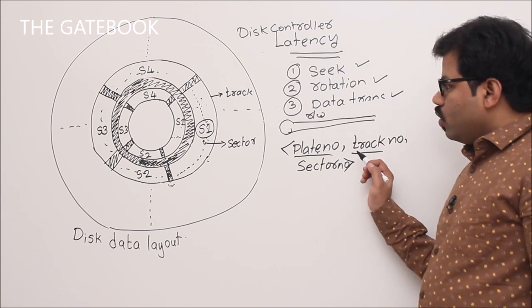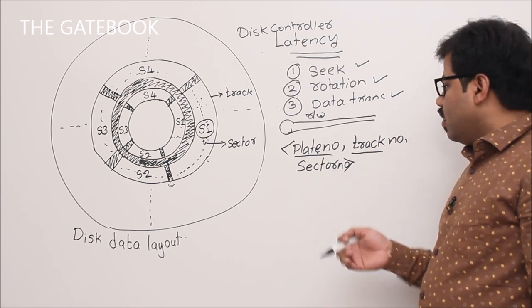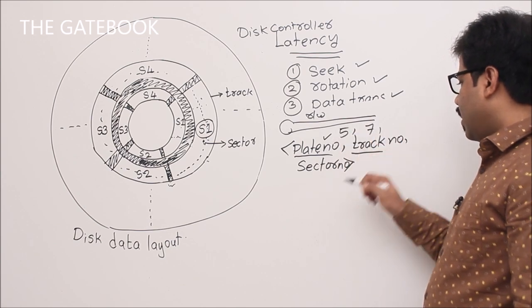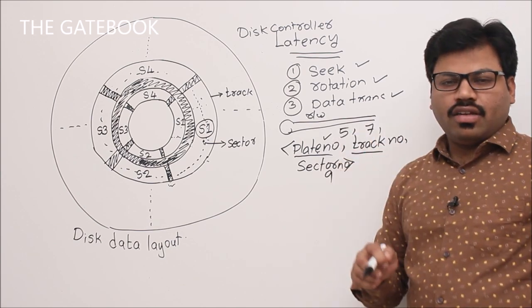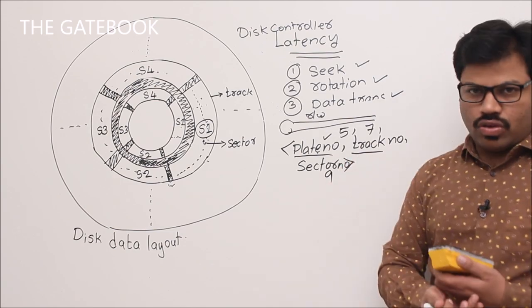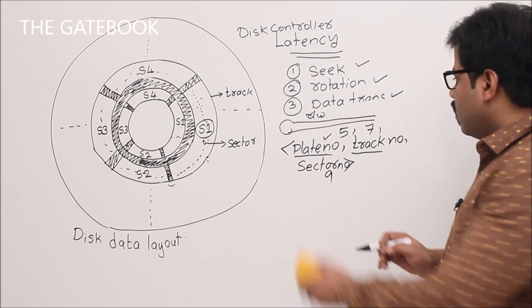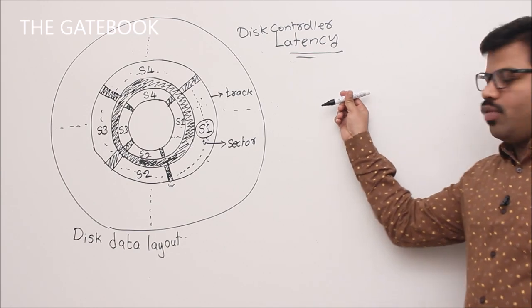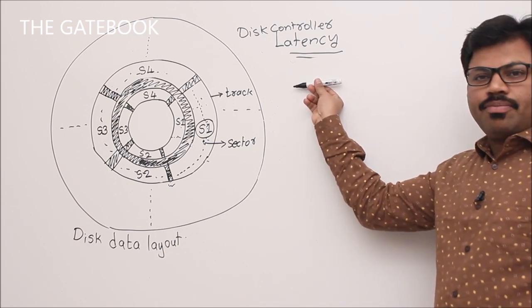Example, you want to store some data in plate number 5, track number 7 and sector number 9. How are we going to do it is the question. You have an address and you want to store the data. Let me assume that this marker is the IO head, initially placed here.